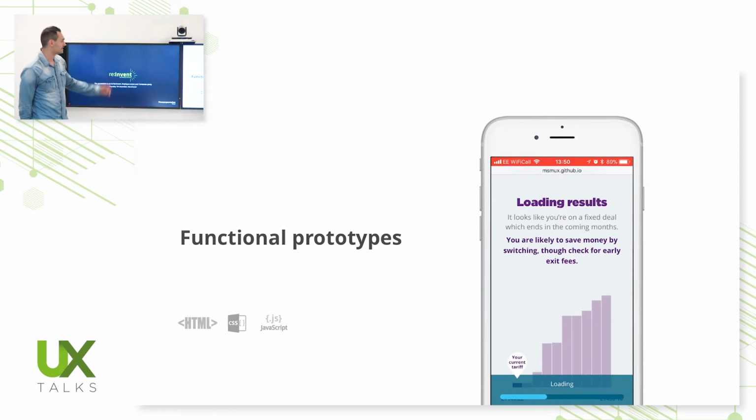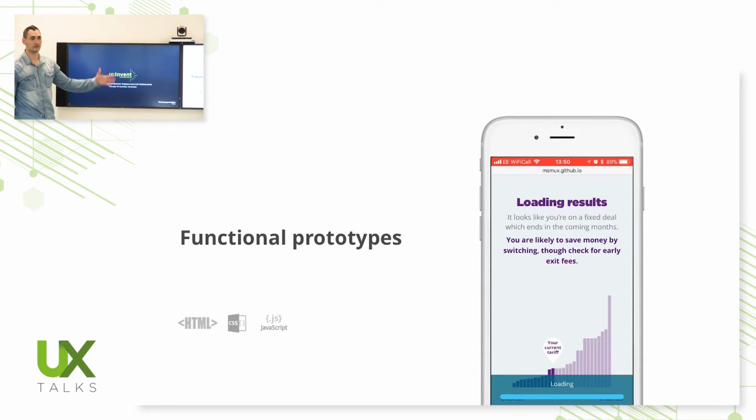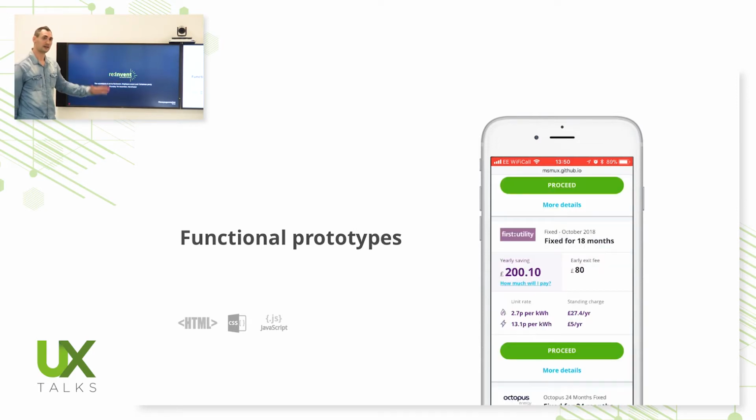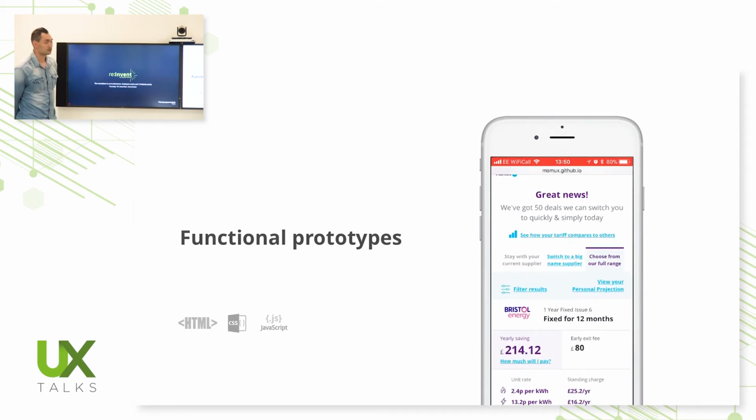At this point, the prototype loads the results, and you can see that your tariff appears in the middle. So it compares your tariff with the other ones. And when you arrive at the results page, you see real prices.